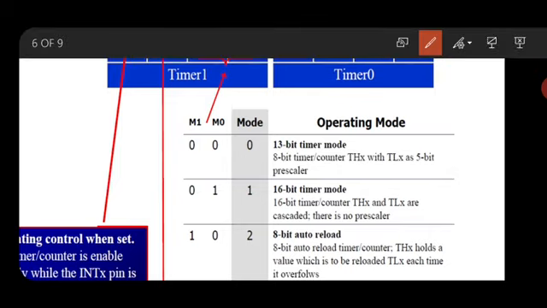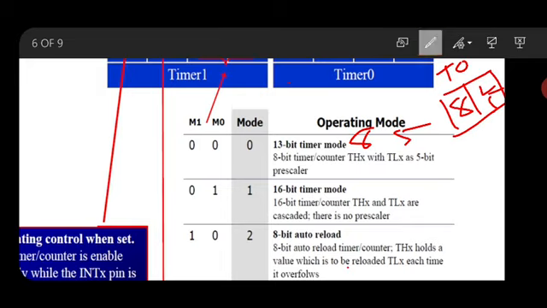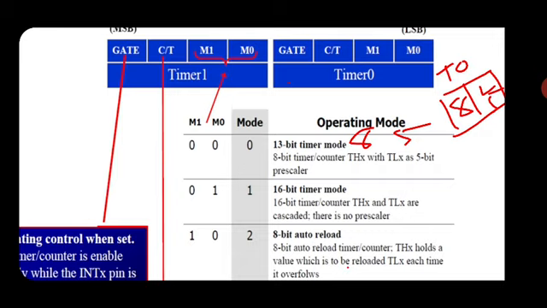Look at this: 8 bits here and 5 bits here. For T0, timer 0, I'm using the lower 5 bits of this one and 8 bits of this, and we'll see how we are going to use this. I hope you understood. That is timer 0, and timer 1, in mode 0.